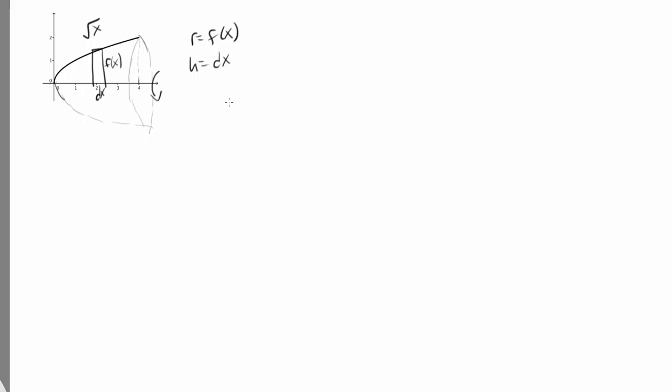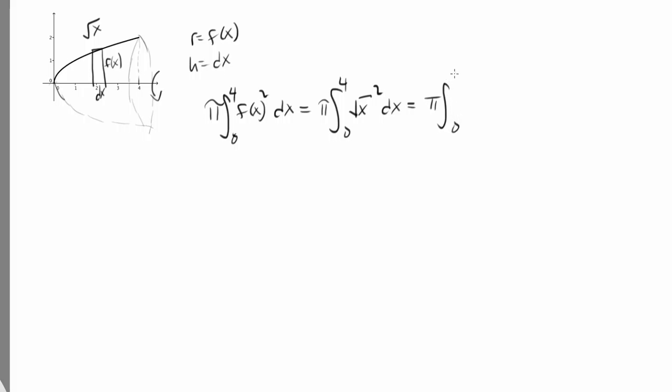So I would have this, the integral from 0 to 4, pi, since it's a constant, can come out front, pi times the radius squared dx, which in this case would be pi times the integral from 0 to 4 of the square root of x squared dx, which is equal to pi times the integral from 0 to 4 of x dx.